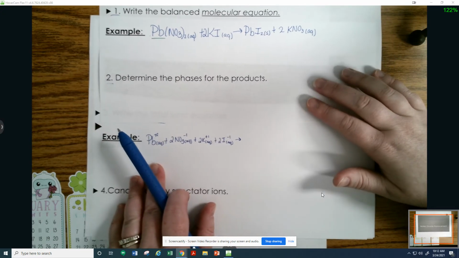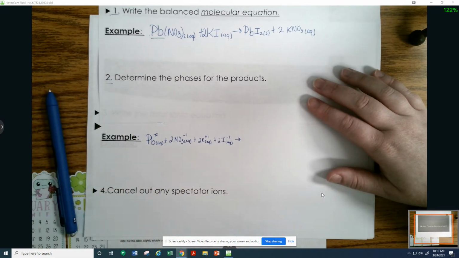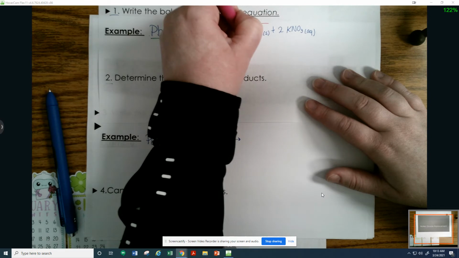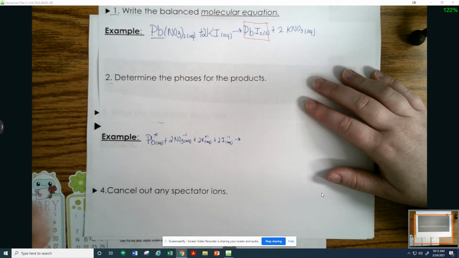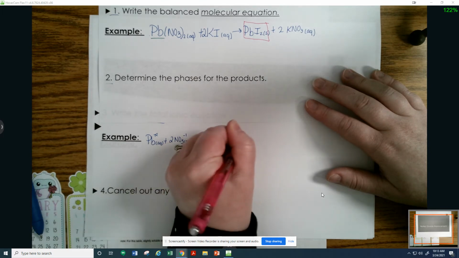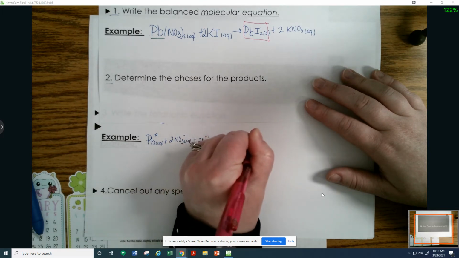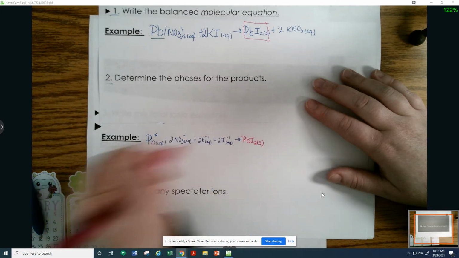So when you get to the product side, you never break up your precipitate because it is no longer in ionic form. Again, as soon as it's a solid, they have bonded together and they have settled out as a solid. So when I get to this point, I'm going to keep the PbI2 together.